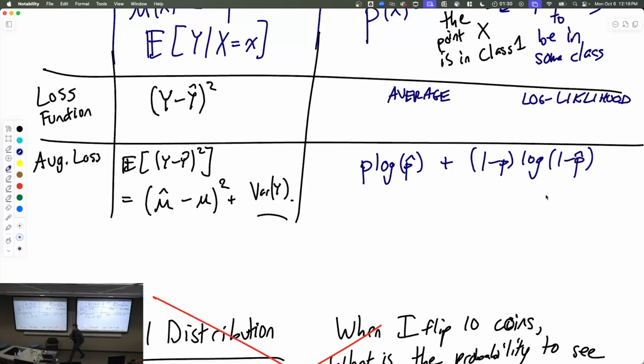Let me tell you the story with the variance. In this situation, the best possible guess you could do is mu hat minus mu and make that 0. So if you get the mu hat exactly right, then you have the irreducible variance.